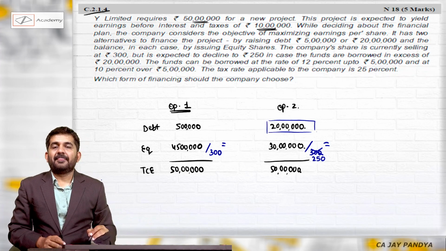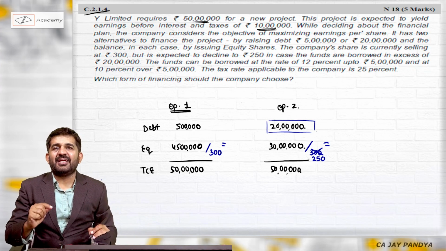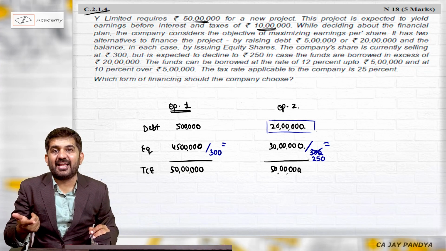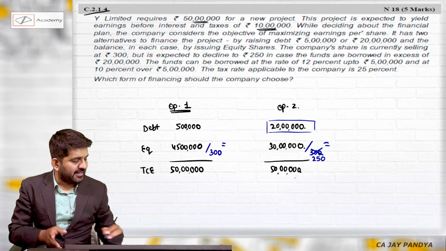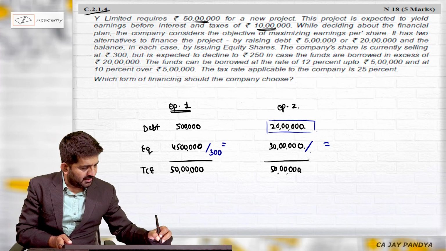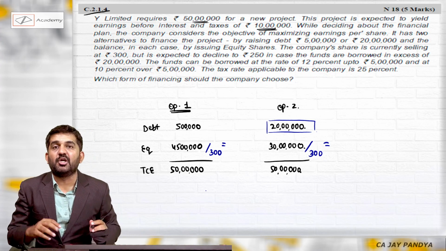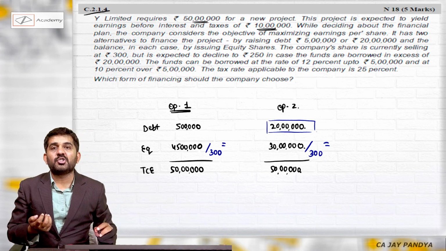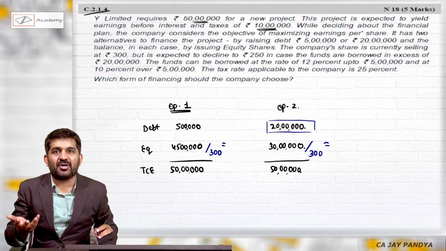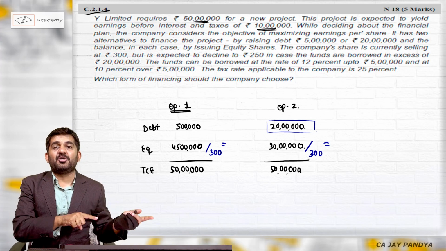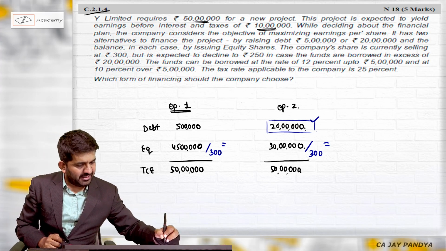Sorry. They are not in excess of 20 lakhs. They are exactly 20 lakhs. So in this case also it will remain 300. The market price of share will not fall because you are not increasing your debt by more than 20 lakhs. It is exactly 20 lakhs rupees.